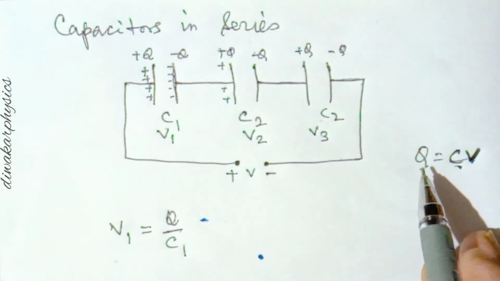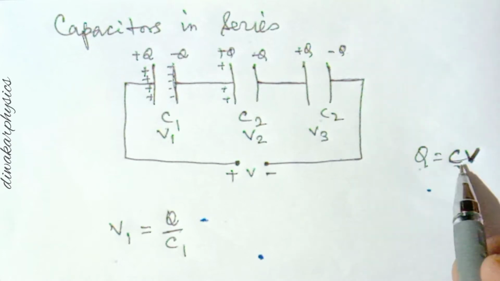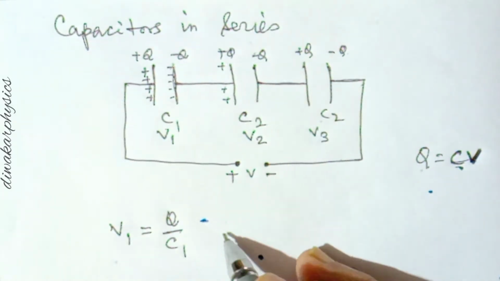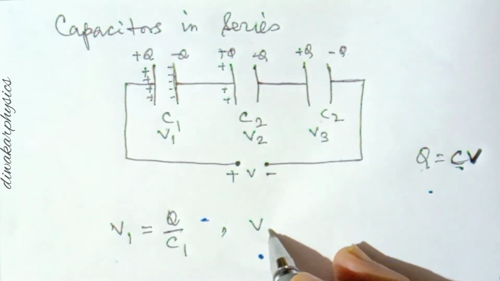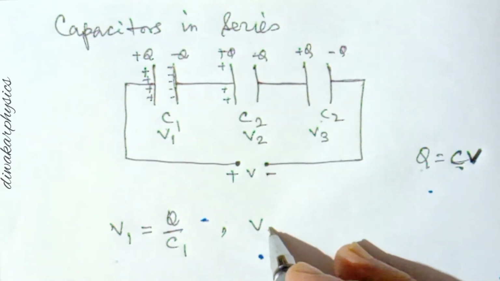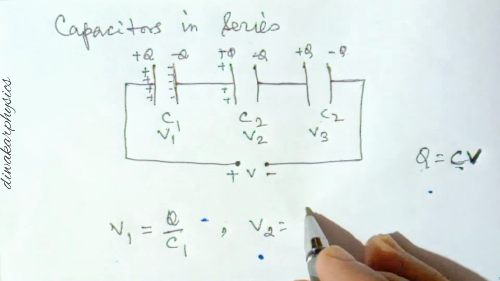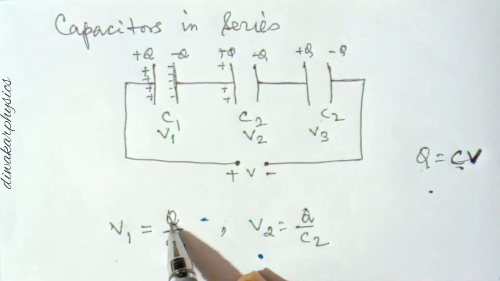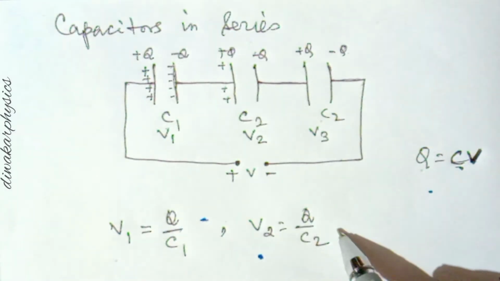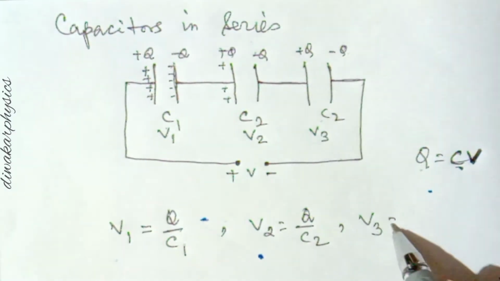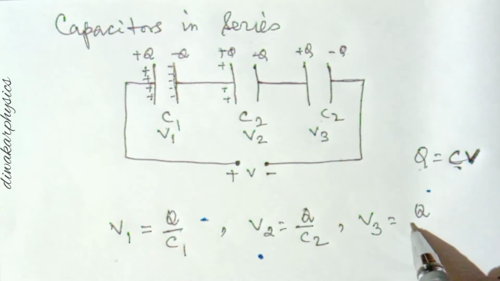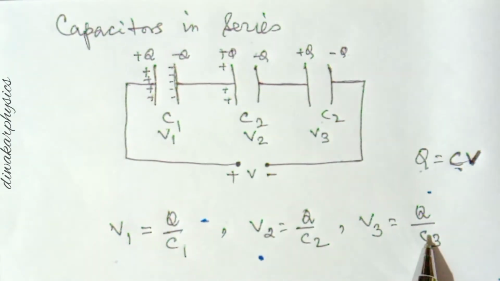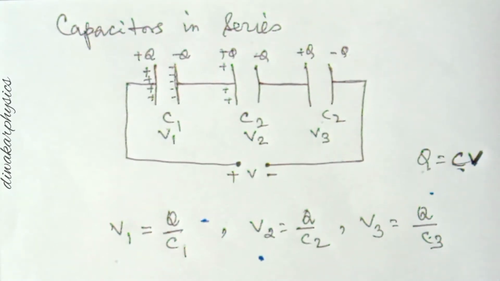Remember the formula Q is equal to C into V. In the same way, for the second capacitor, V2 is Q by C2. Don't write Q1, Q2 like that, because it is the same charge. Similarly V3 is equal to Q by C3. So different capacitance, different potential difference.